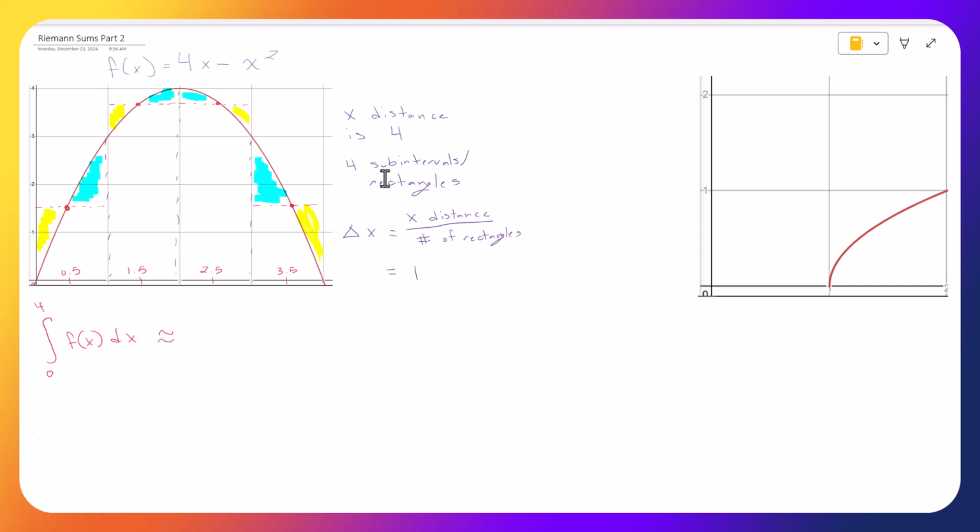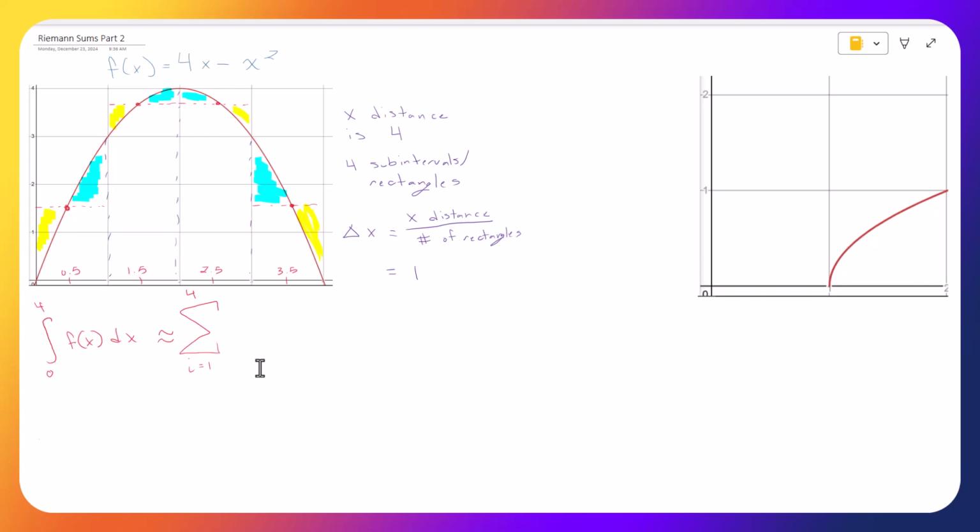And the reason we're approximating is because we're only using 4 subintervals instead of infinite subintervals. So I'm not taking a limit yet. And we're adding 4 rectangles. So we're going from 1 to 4. We're adding 4 things. This is our top bound.